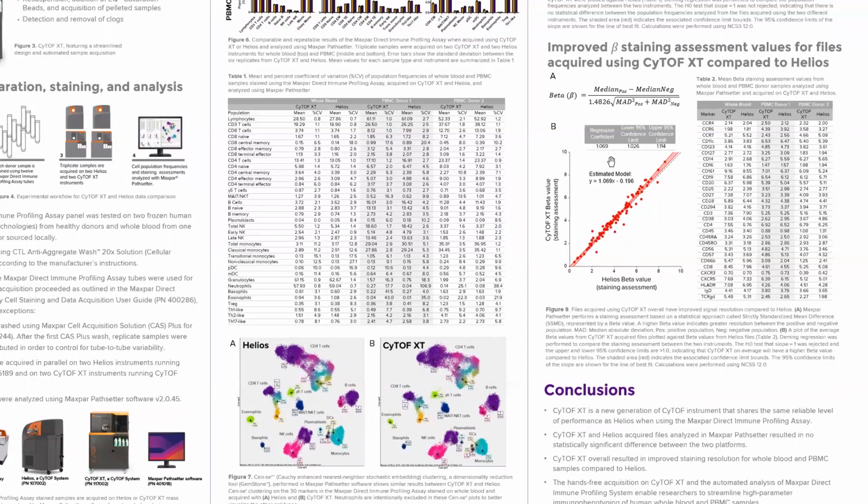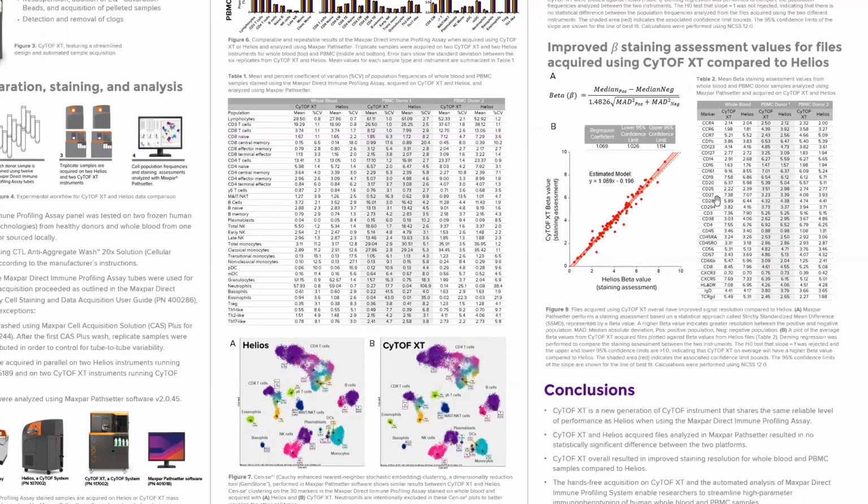On figure 9b, here we perform a plot of the average beta value from CyTOF XT acquired files and plotted against the beta value from Helios acquired files. This was plotted using the values shown here on table 2.